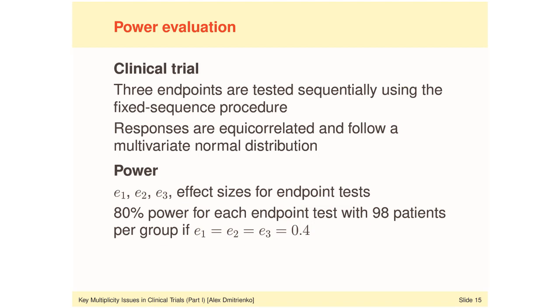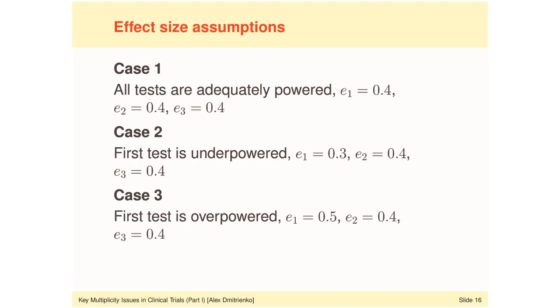The study is set up in such a way that marginal power for each univariate endpoint is exactly 80%, which means that all individual endpoint tests are adequately powered when we assume that the true effect size for each endpoint is 0.4. We're going to consider 3 different cases, 3 different scenarios.